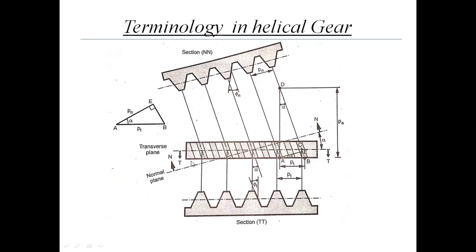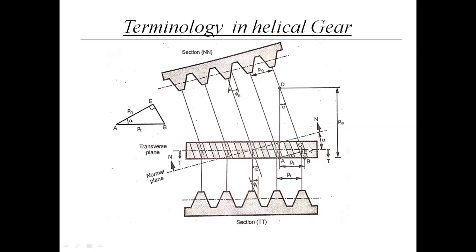In the top view of the helical gear, you can see the helical teeth are cut. Number of teeth: 1, 2, 3, 4, 5, 6, 7, 8, 9.